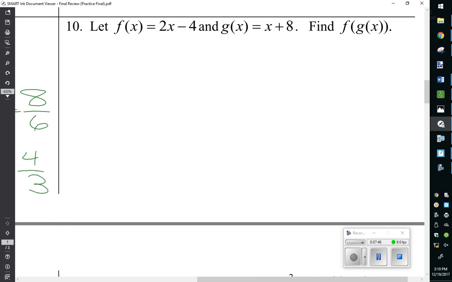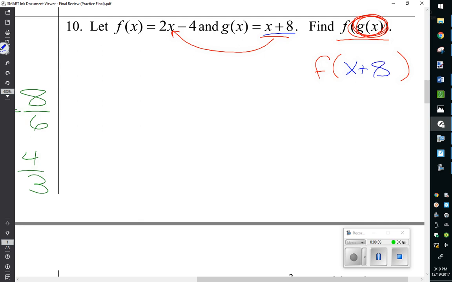Number 10, f and g are that. We're trying to find f of g of x. G is on the inside. So you are taking g and you are plugging it into the other one. Or in other words, you could write it like this, f of g, where g was here, so I'm going to write in what g is, x plus 8.